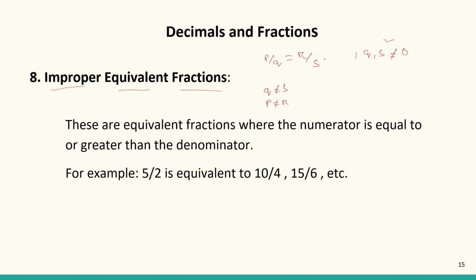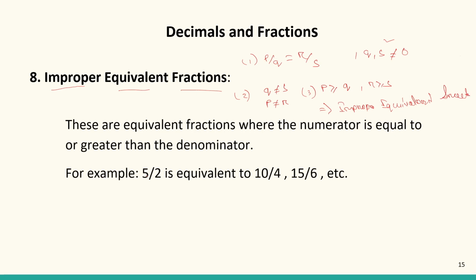Improper equivalent fractions means the numerator p must be greater than or equal to q, and similarly r is greater than or equal to s. For these three conditions, we say this is an improper equivalent fraction.